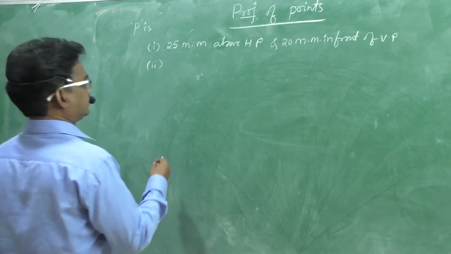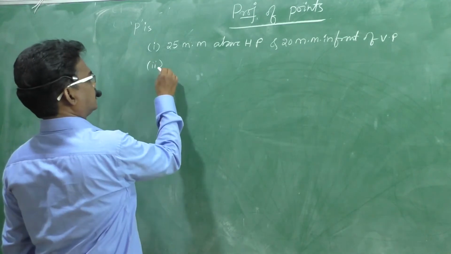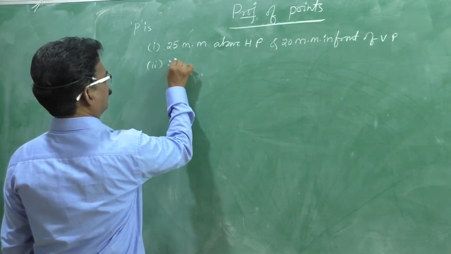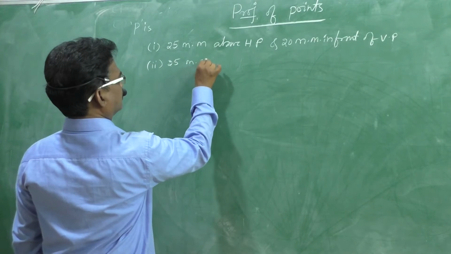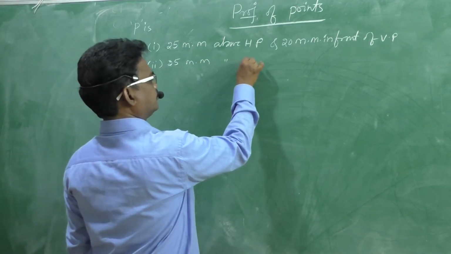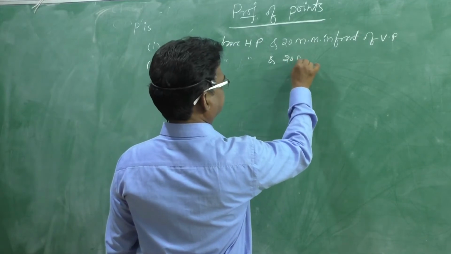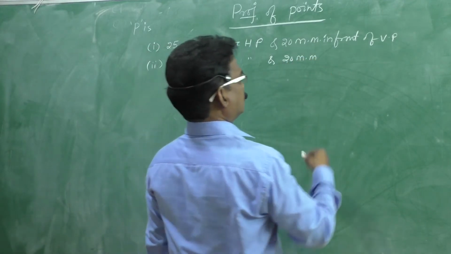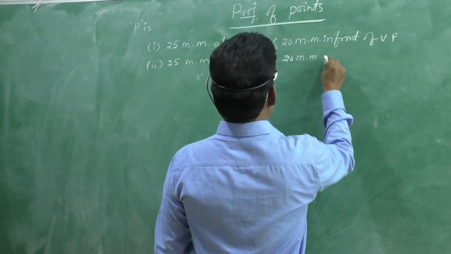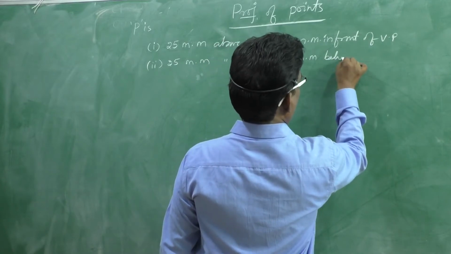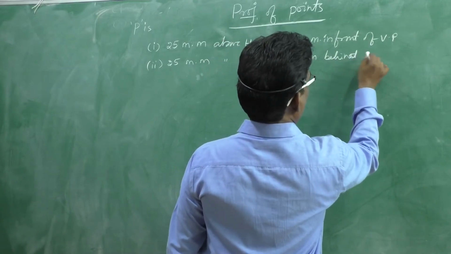The second one is the point P is 25 mm above HP and 20 mm behind VP. Behind VP.